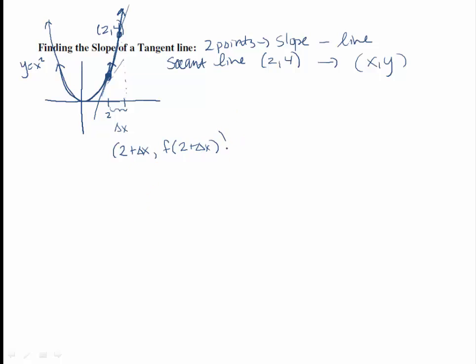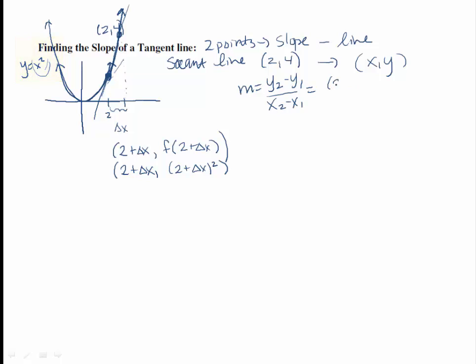Now let's talk about the function. So 2 plus delta x. How do I get the y value? Luckily, I already know the equation for the function, so I have to do 2 plus delta x all squared. Now if I go to find my slope, remember I'm going to be doing y2 minus y1.